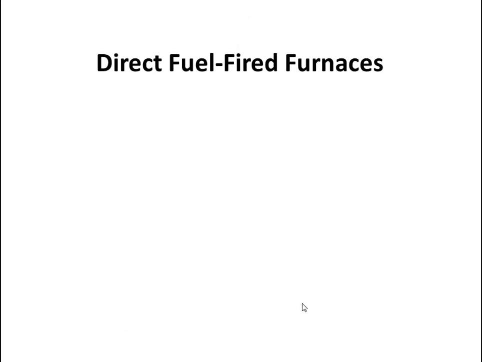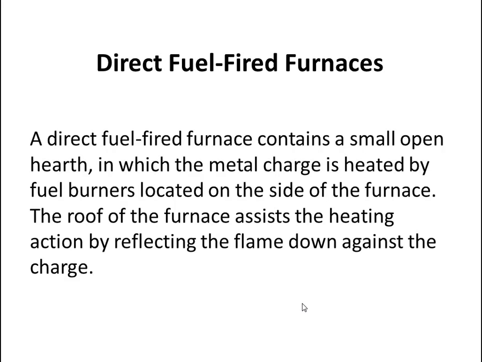Let's talk about direct fuel fired furnaces. A direct fuel fired furnace contains a small open hearth in which the metal charge is heated by fuel burners located on the side of the furnace. The roof of the furnace assists the heating action by reflecting the flame down against the charge.